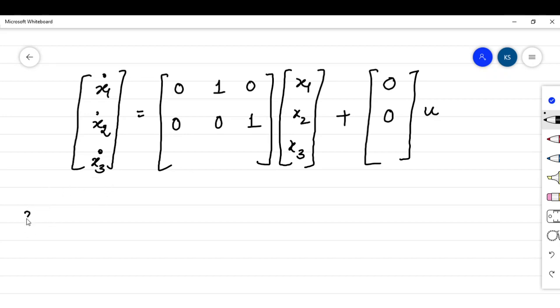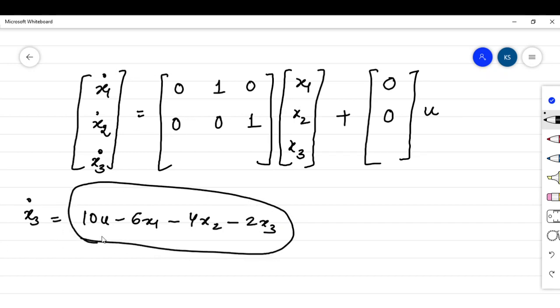Now x3 dot is equal to 10u minus 6x1 minus 4x2 minus 2x3. So we define x3 dot using this equation.